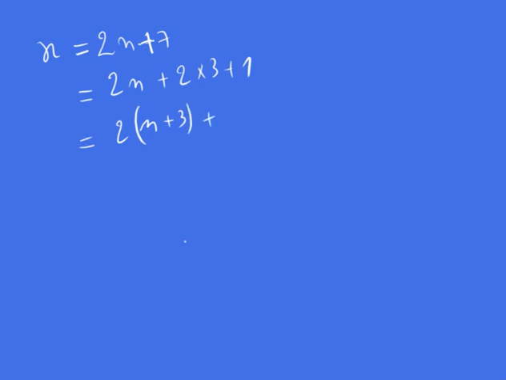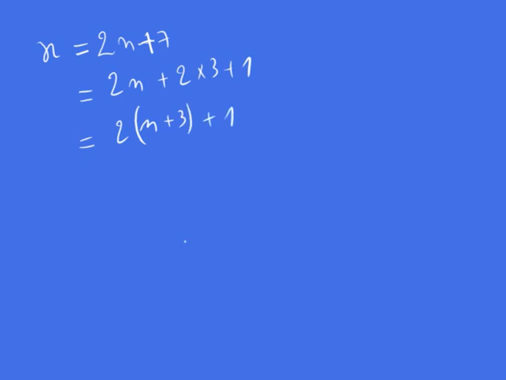We have x equals 2n plus 7. We can decompose 7, so 2n plus 2 times 3 plus 1, and we can factorize by 2: 2 times (n plus 3) plus 1.